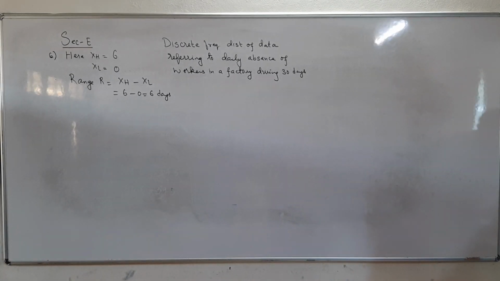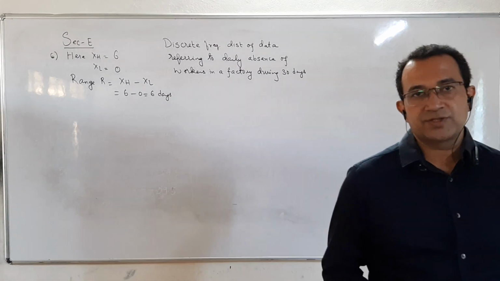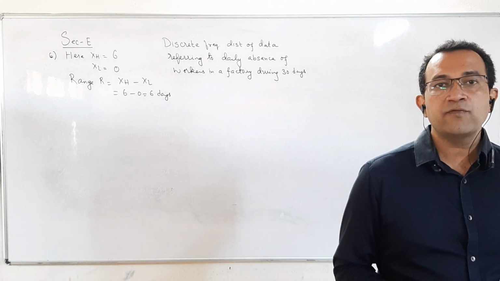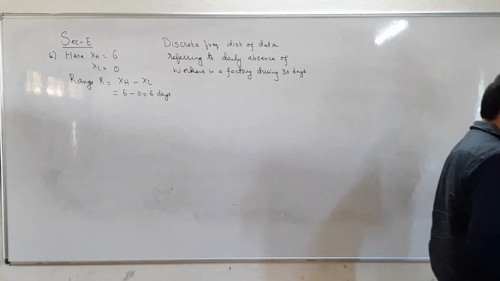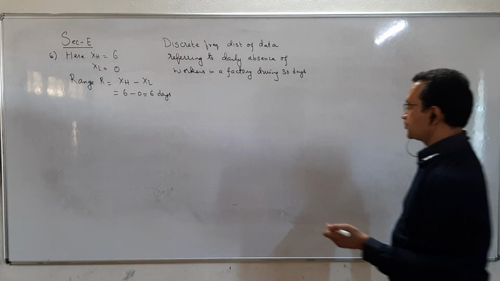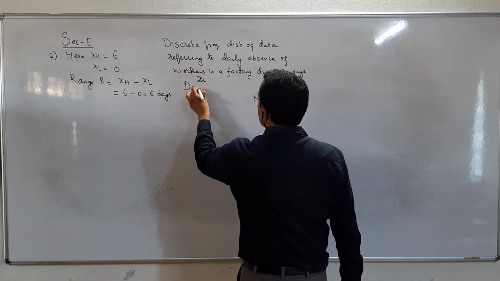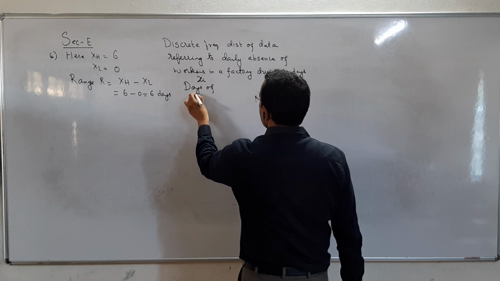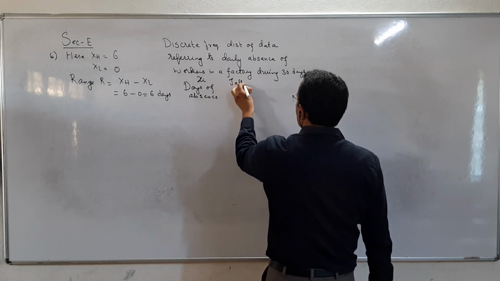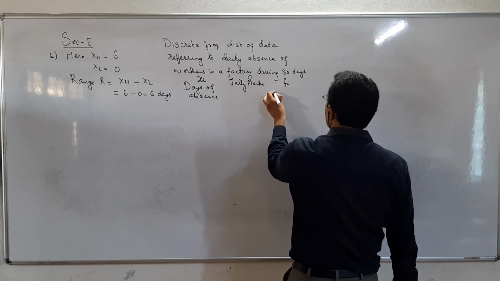So the first column will be absence, and the second column will be the number of workers. The first column will be the days of absence, xi, and then we will go for tally marks, and frequency.